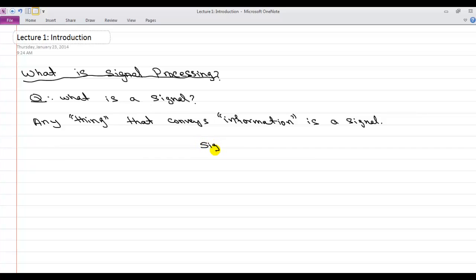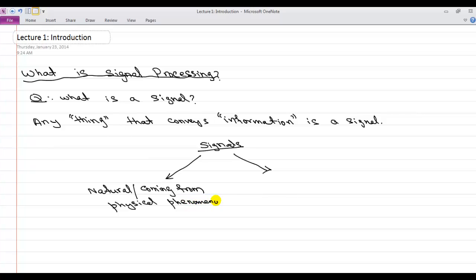But if we talk broadly, where do signals come from? We have basically two separate classes that we can talk about. One is that the signal can be natural, or it can come from a physical phenomenon. So it is not man-made, it's natural.